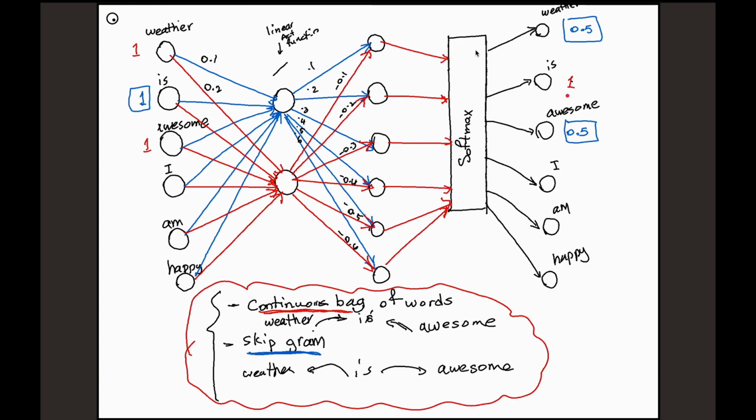But for the skipgram, it was the opposite. "Is" was the only input, but since it has 2 outputs in this case, we used probability 0.5 for each one. If there were 3 outputs, we would use probability 0.33 for each, and so forth. This way, we ensure that we understand the relationship of the words based on context, not out of context.